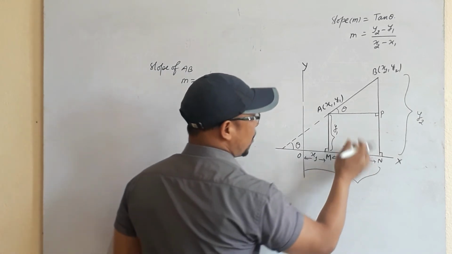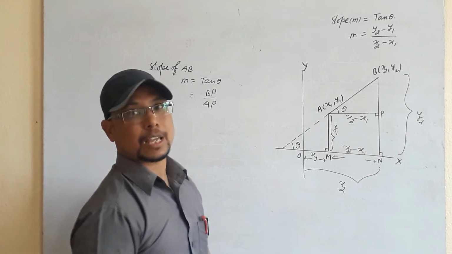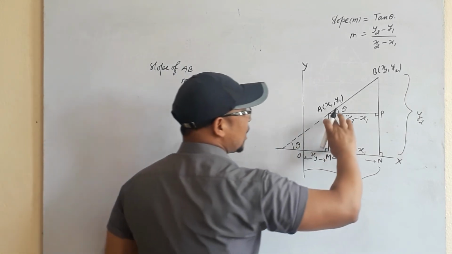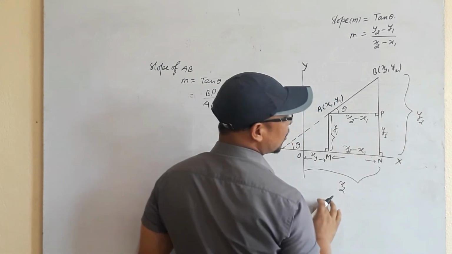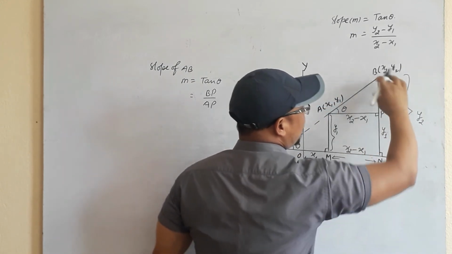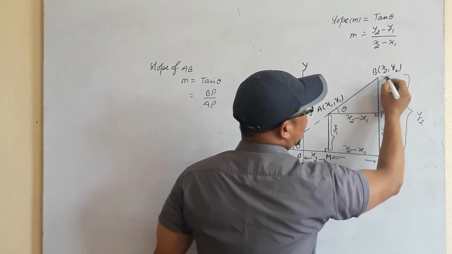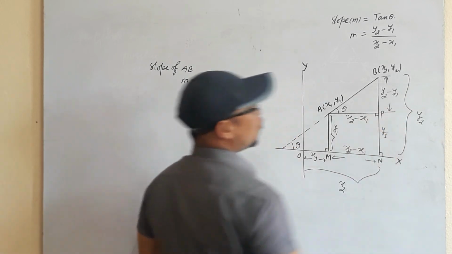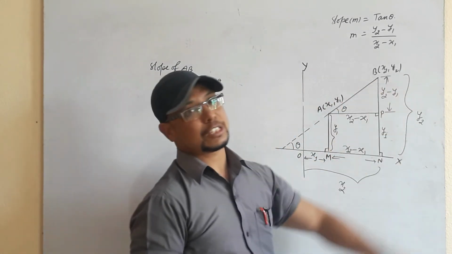Opposite sides are equal, so AP is x2 minus x1. AM is y1, so PN is also y1, and this whole is y2, so BP is y2 minus y1. I have already discussed this in detail in my previous lecture.